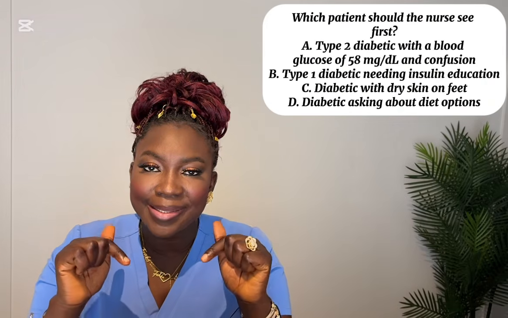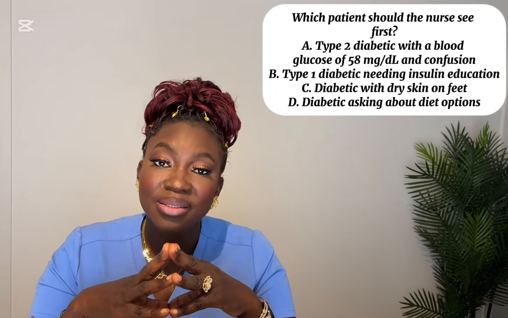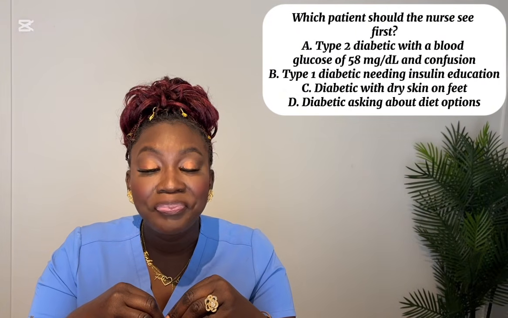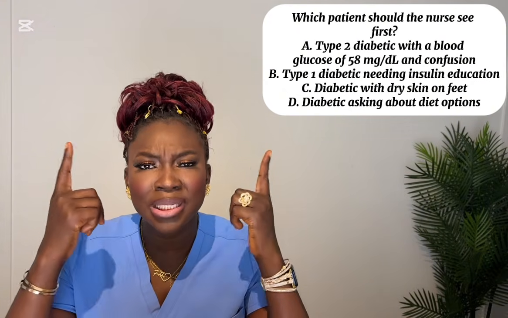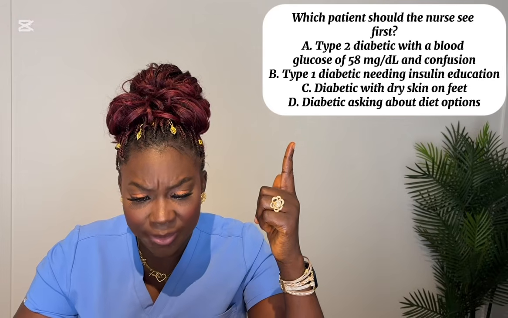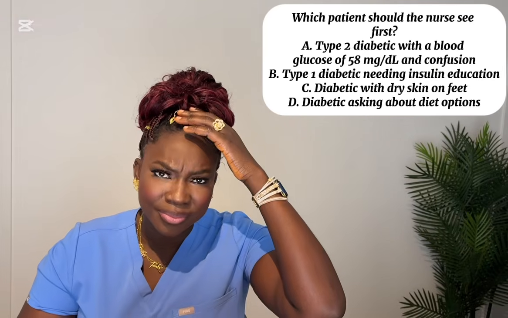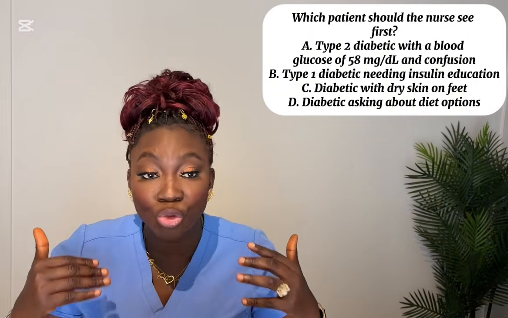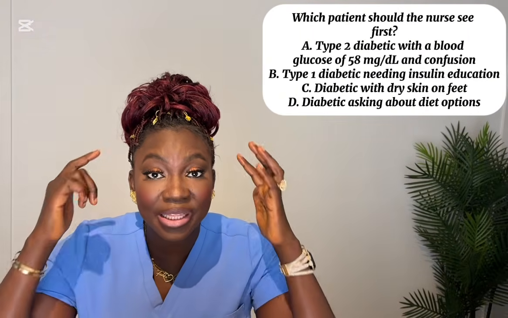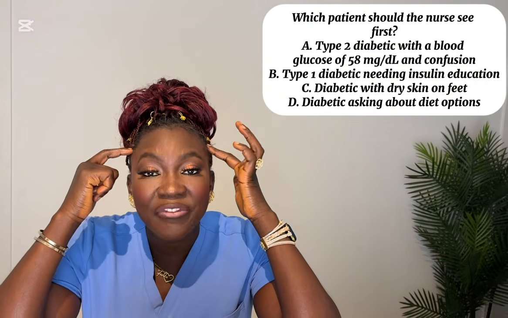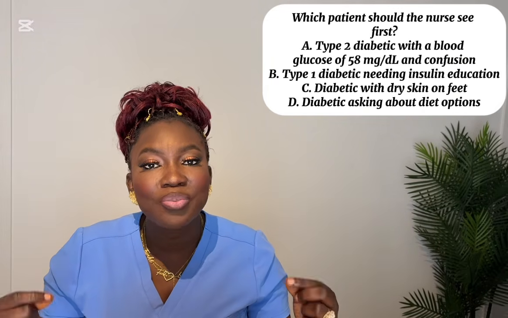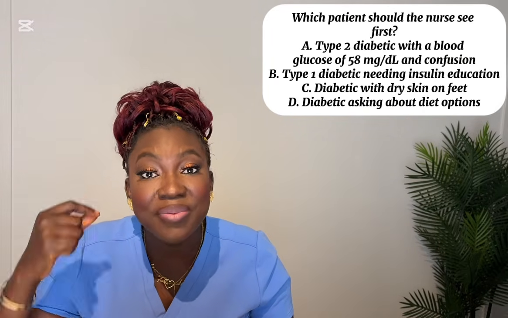So it's indicating that this patient is already hypoglycemic, and it needs to be attended to immediately, because look at the signs and symptoms. The symptom says confusion. What is that telling you? It is already affecting the brain. The blood glucose is so low and getting so severe that it's affecting the brain. They are confused, and this needs to be addressed immediately.